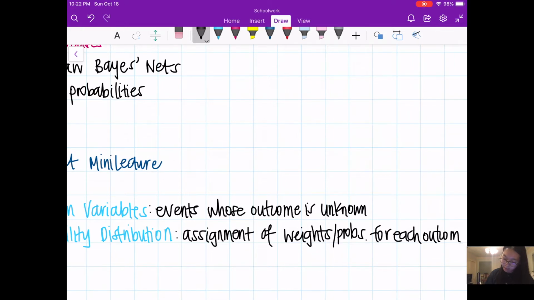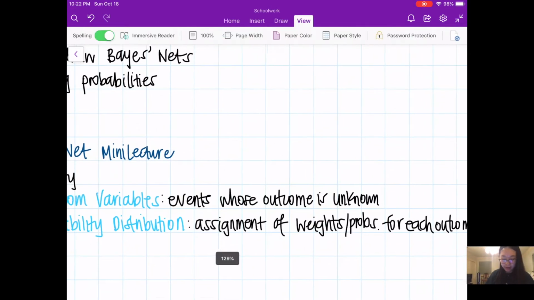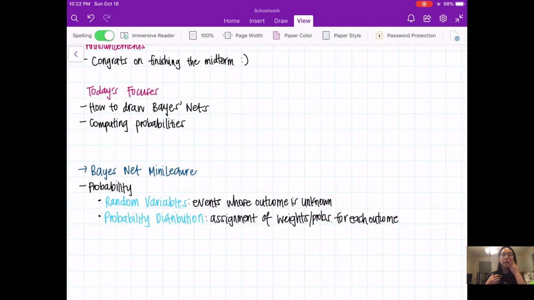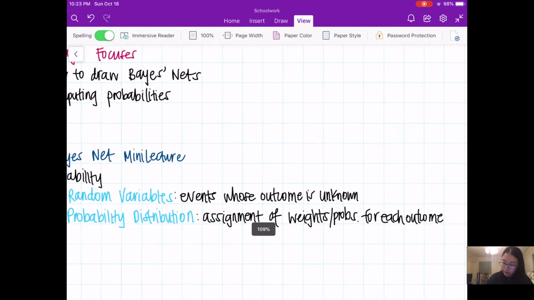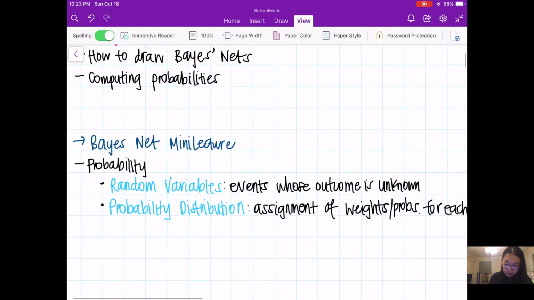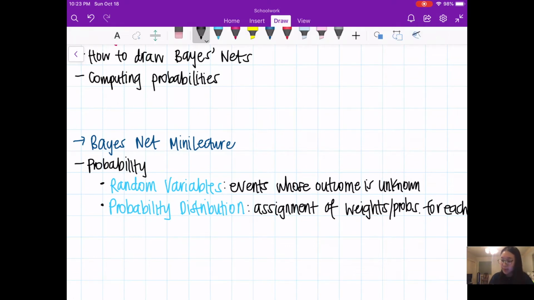A simple example is a random variable x that represents if you flip a coin whether it is heads or tails, and then your probability distribution will be 50% or 1/2 for heads and 1/2 for tails.